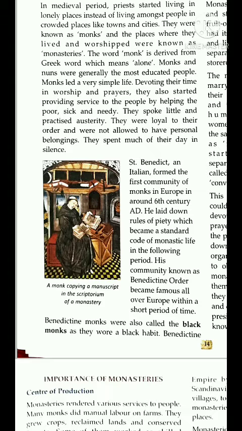Saint Benedict, an Italian, formed the first community of monks in Europe in around the 6th century AD. He laid down rules of piety which became a standard code of monastic life in the following period.